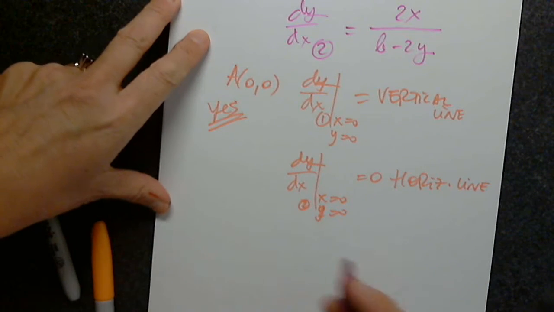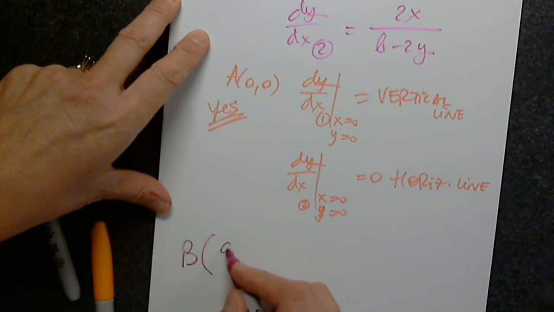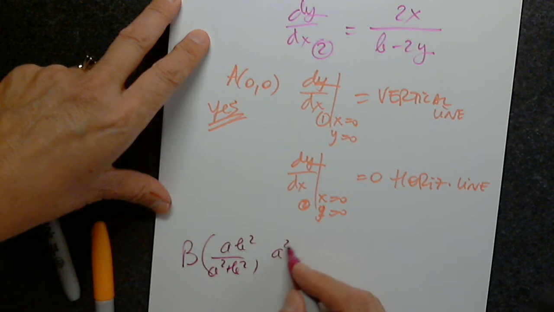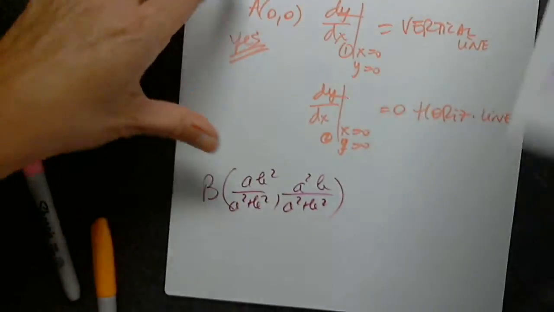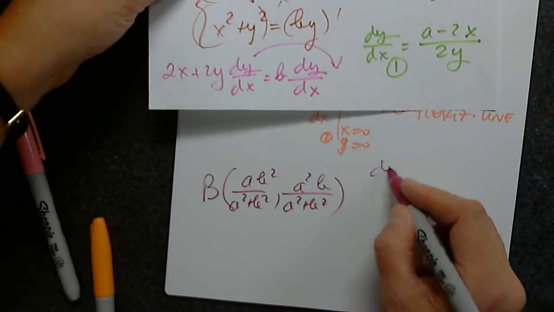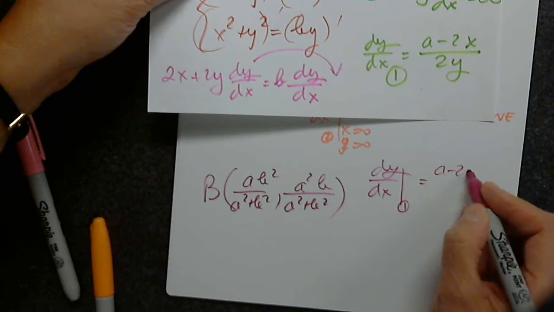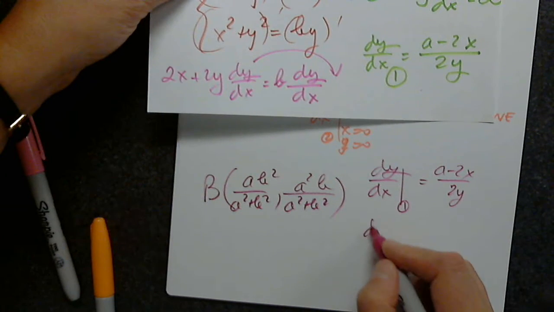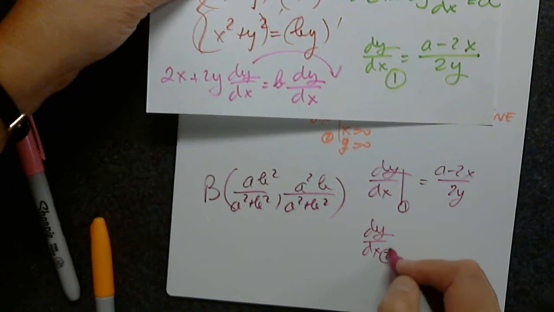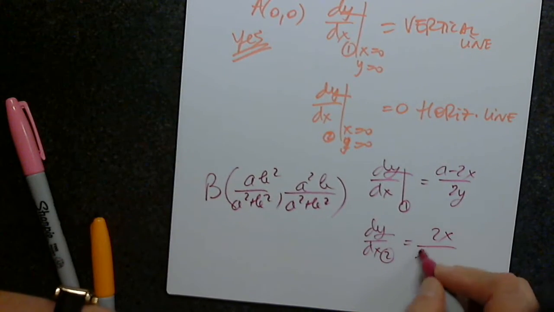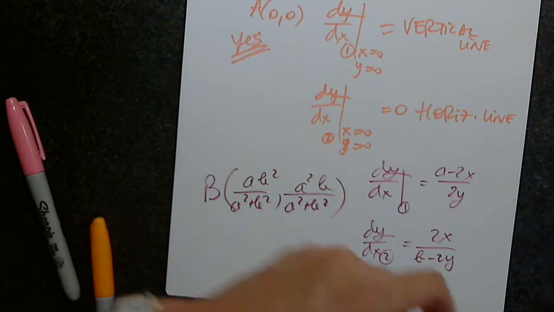Now, let's see what happens at point B, which is ab squared over a squared plus b squared, comma, a squared b over a squared plus b squared. So I'm copying dy over dx here for 1, a minus 2x over 2y, and dy over dx for 2, which is 2x over b minus 2y.